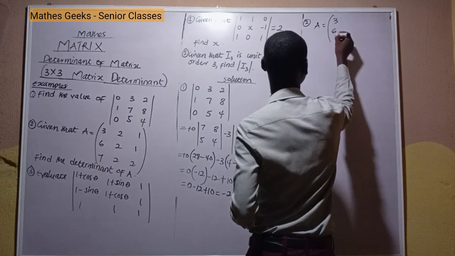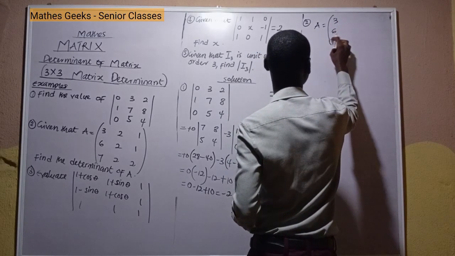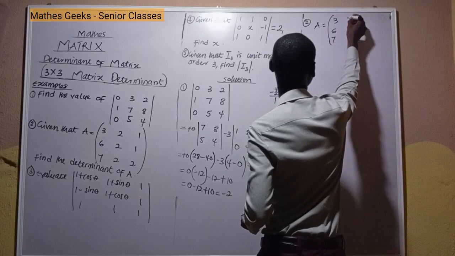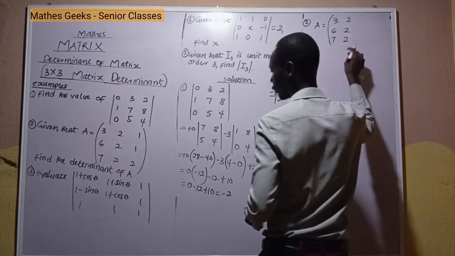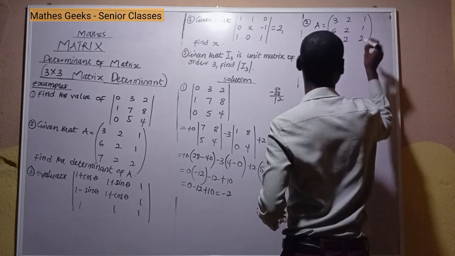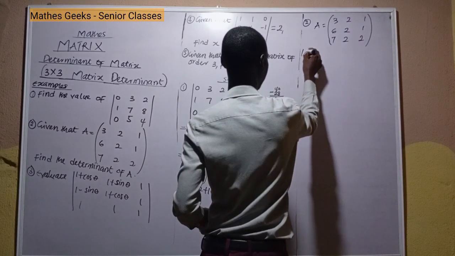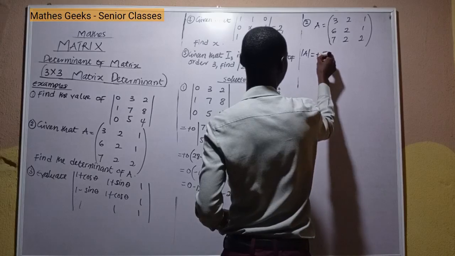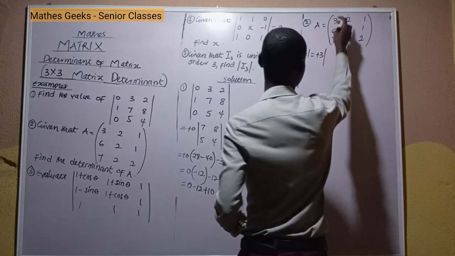Now the next example: 6, 7, 2, 2, 2, 1, 1, 2, 3.